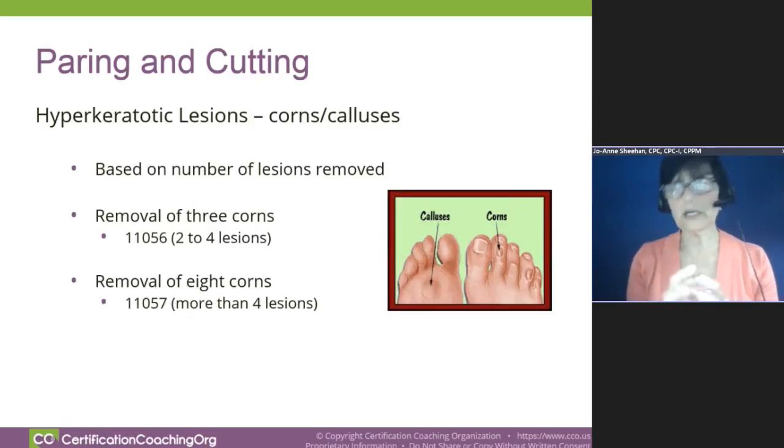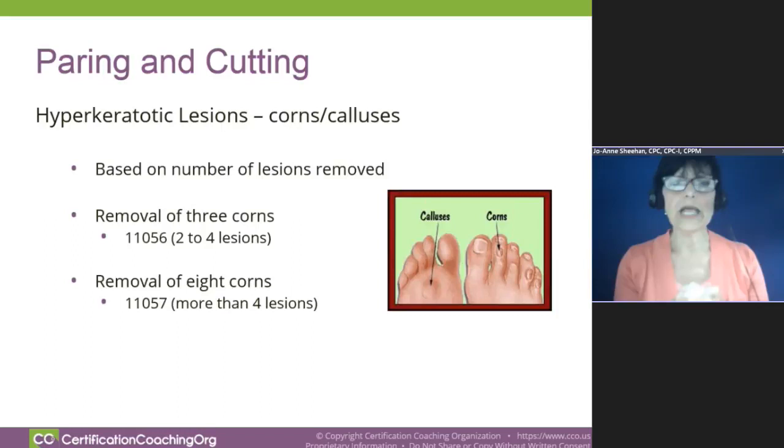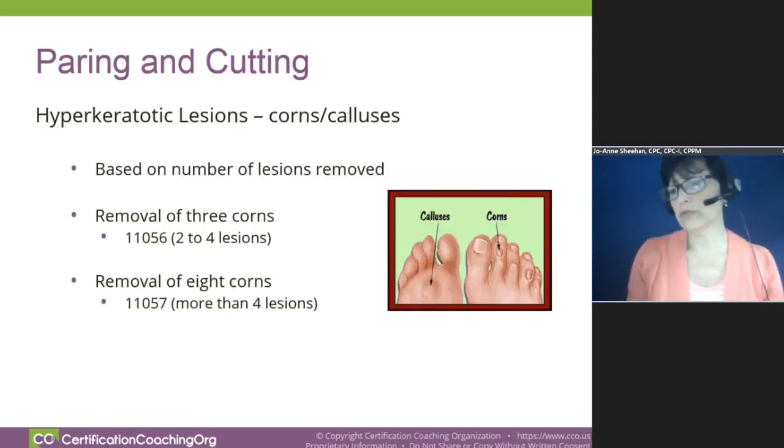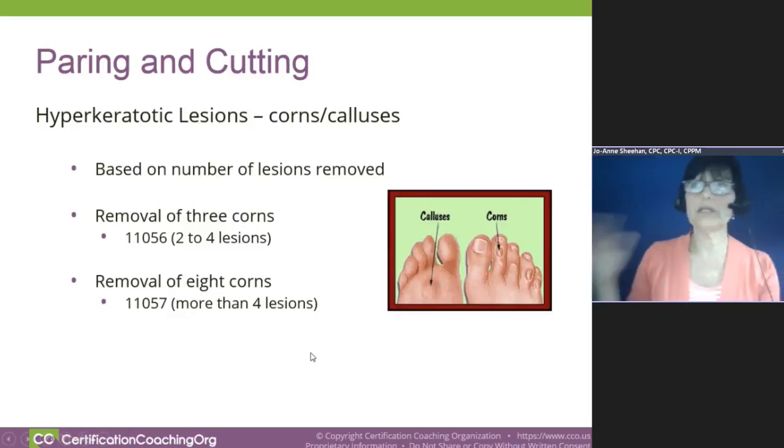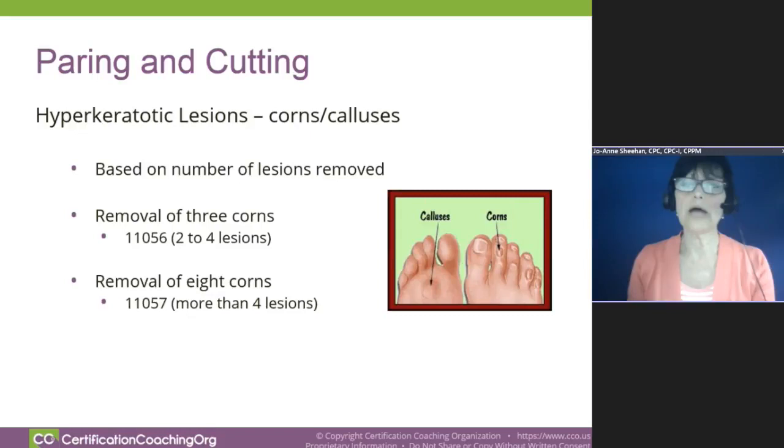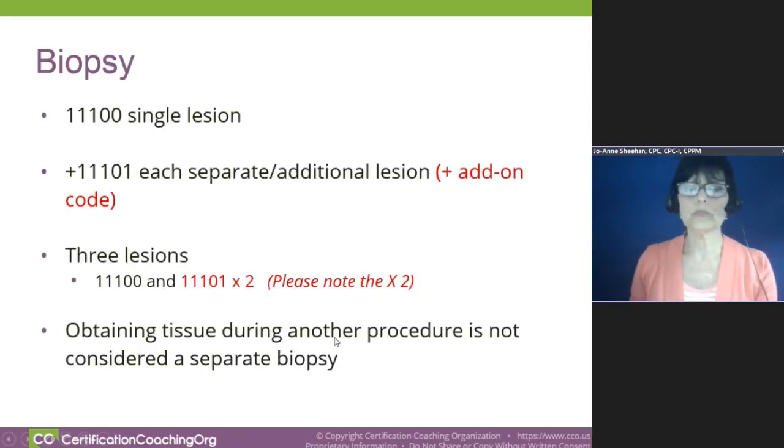These fall under the category, just like other codes I'll be showing you, that are considered routine and not routine foot care, and you need to be sure that you follow the guidelines exactly when you use these codes. Because most insurances follow the guidelines of Medicare in this area, I would suggest to supplement what you're learning here and from the course and really understand what these 2 codes involve.